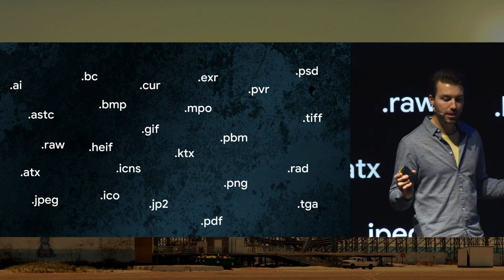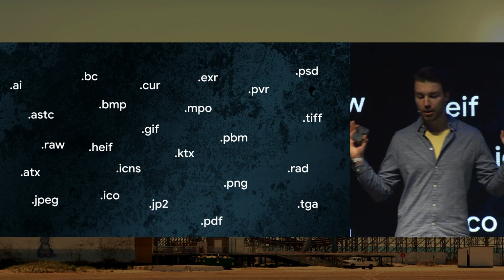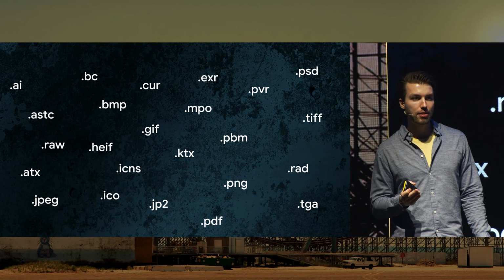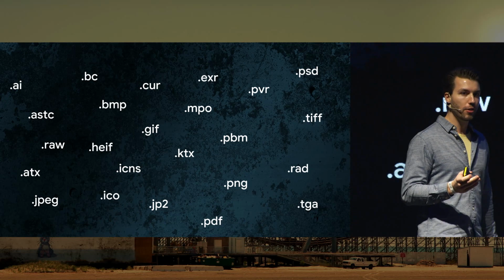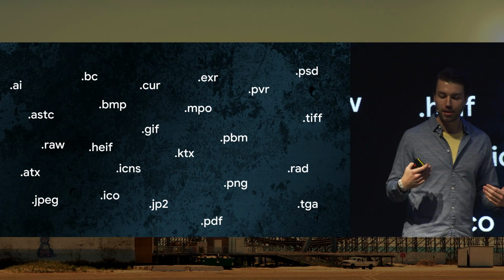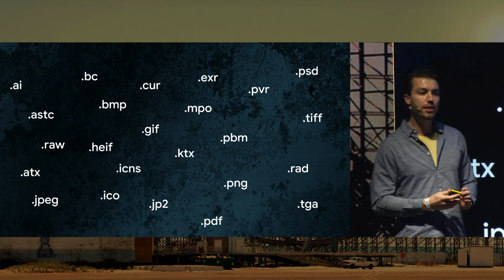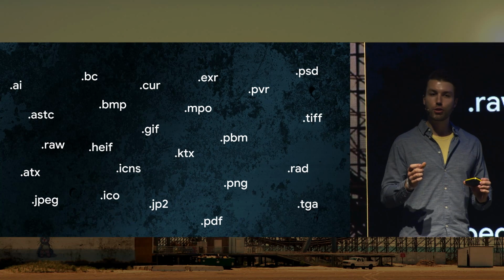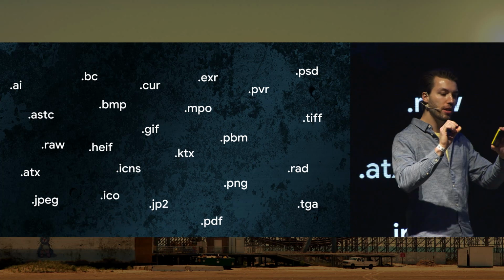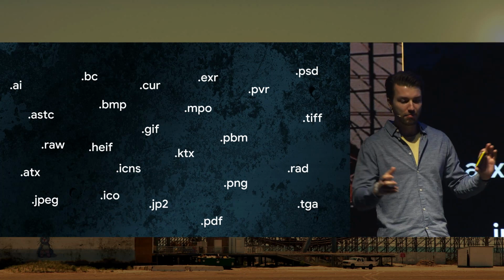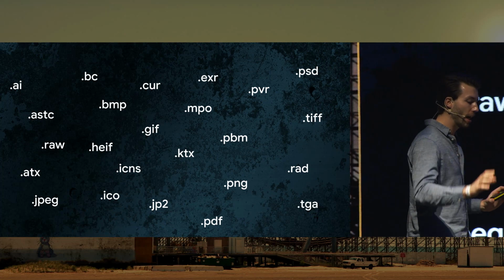Adaptive Scalable Texture Compression. I don't even know. Anyone know what MPO is? No, okay. I didn't either. Apparently, it's some kind of image format used on Nintendo 3DS, where because it has two cameras, you can take some kind of stereoscopic image, and yeah, I don't know.